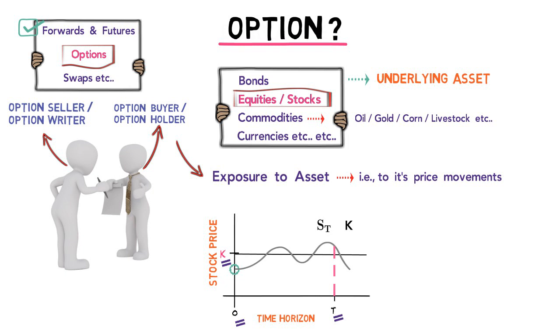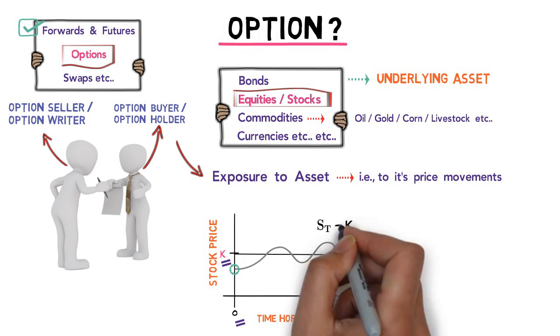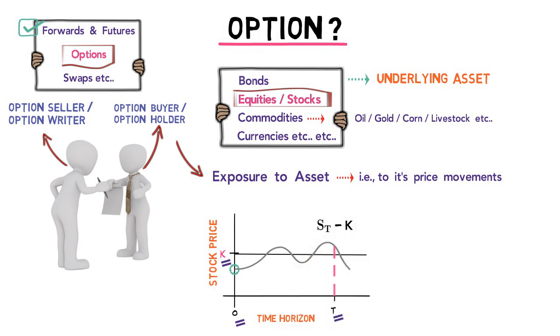So what you have is an asset that's worth ST dollars and you got it only for K dollars. So if you sell the stock immediately in the open market, you would make a profit of ST minus K. And for this reason, you can say ST minus K is the payoff from the derivative at this time. So even if you want to keep the asset to yourself, you got it cheaper at K. Thereby, you can say you have saved ST minus K dollars.